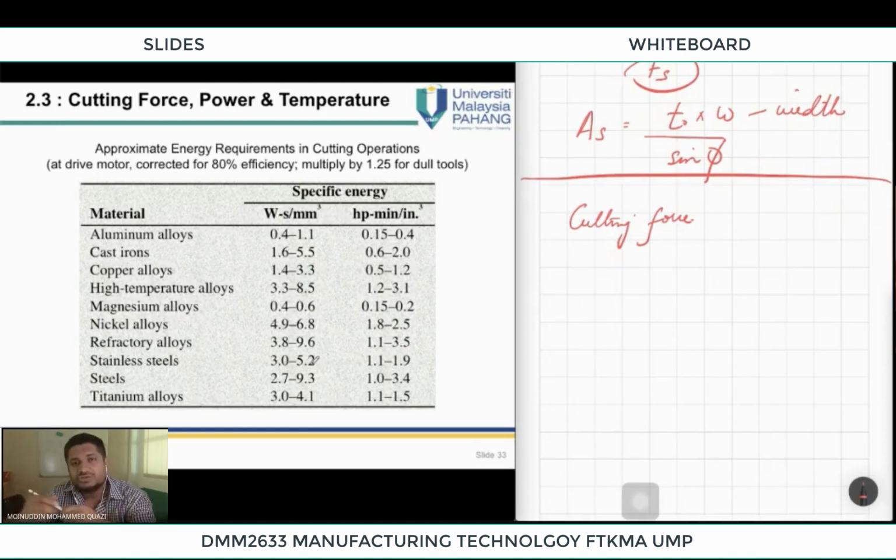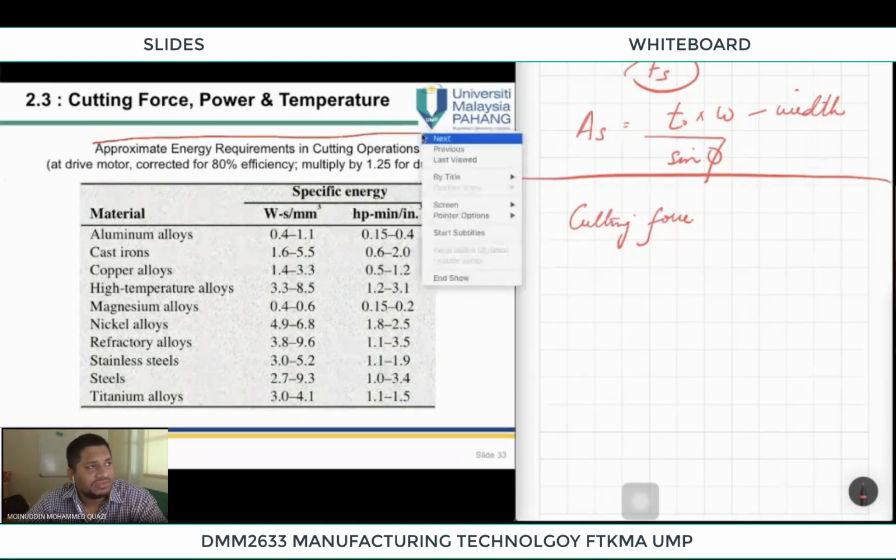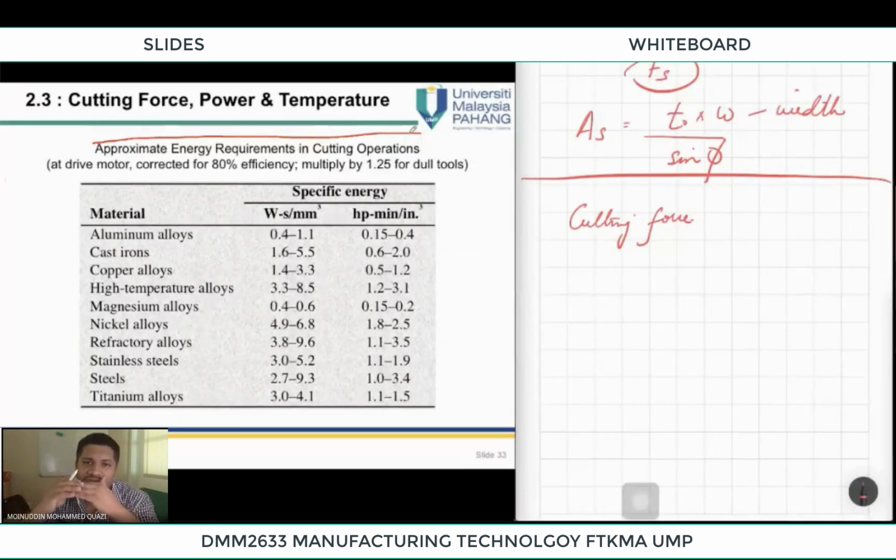Different materials have different power requirements, and these are given in this table, the approximate energy requirement in cutting operations. Soft material is easy to cut, meaning less power is required. When a material is very soft and easy to remove, less power is required to remove it.